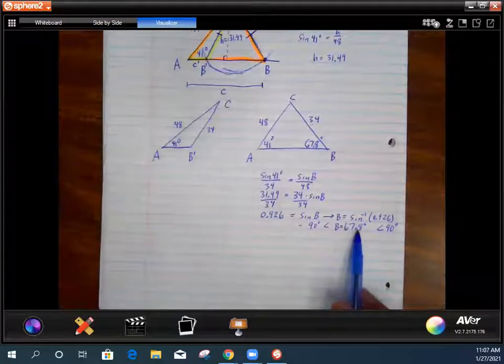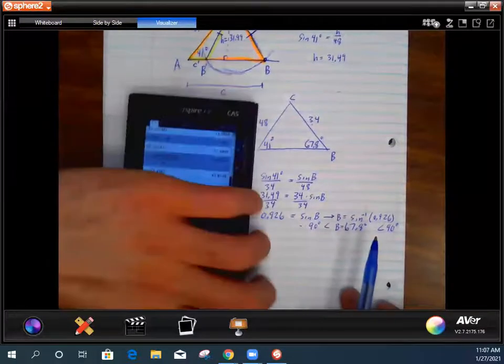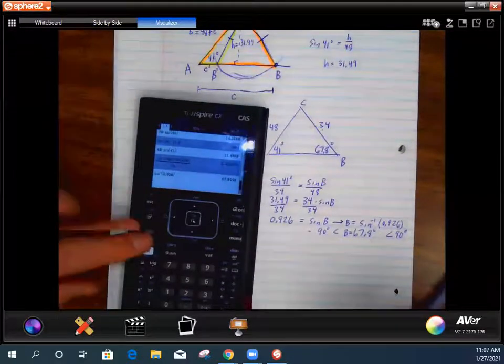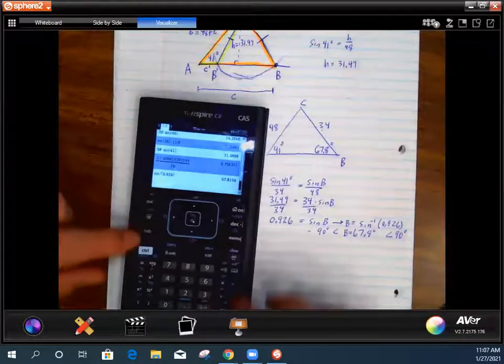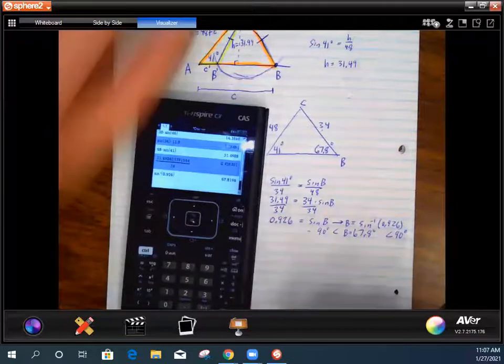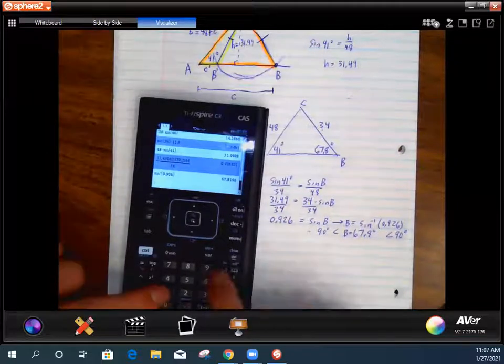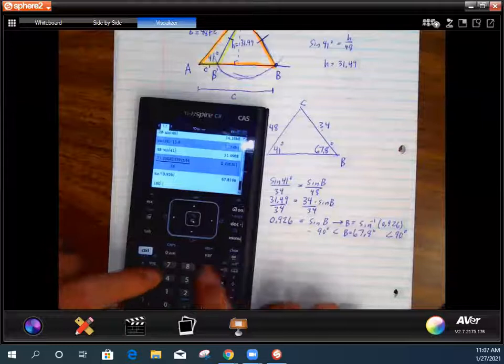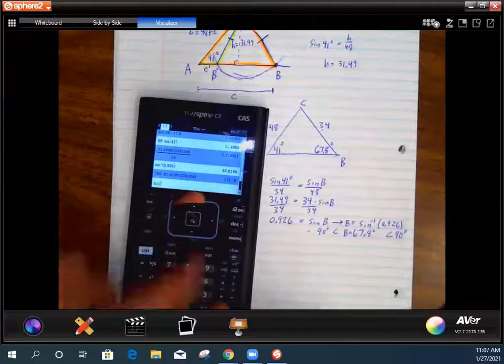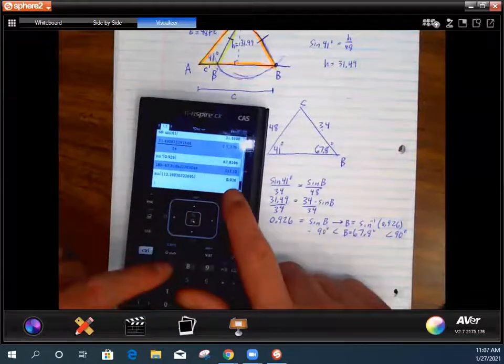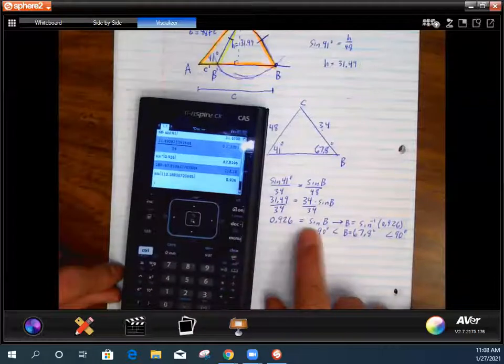Now, there is actually, if I found the supplement, so if I make this little, there you go. Now, if I found the angle in quadrant 2 that had a 67.8 degree reference angle, which would be 112, and I did the sine of that, it would also equal 0.926, which is what we were solving here.